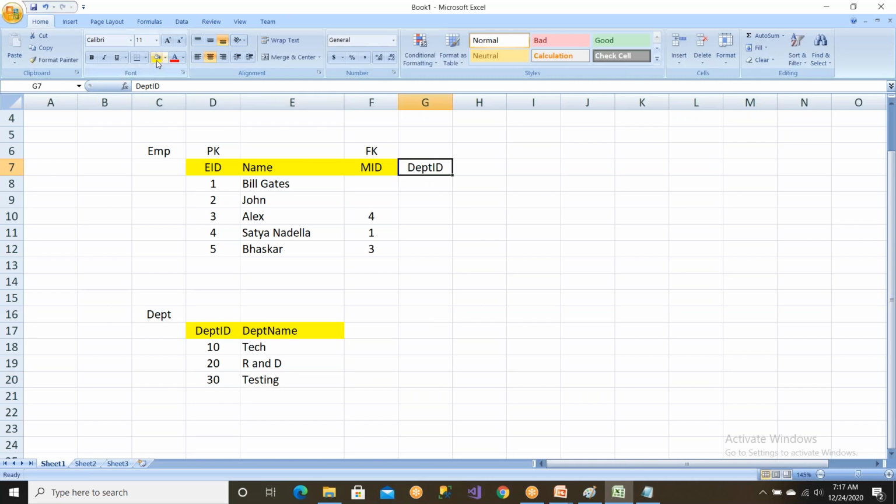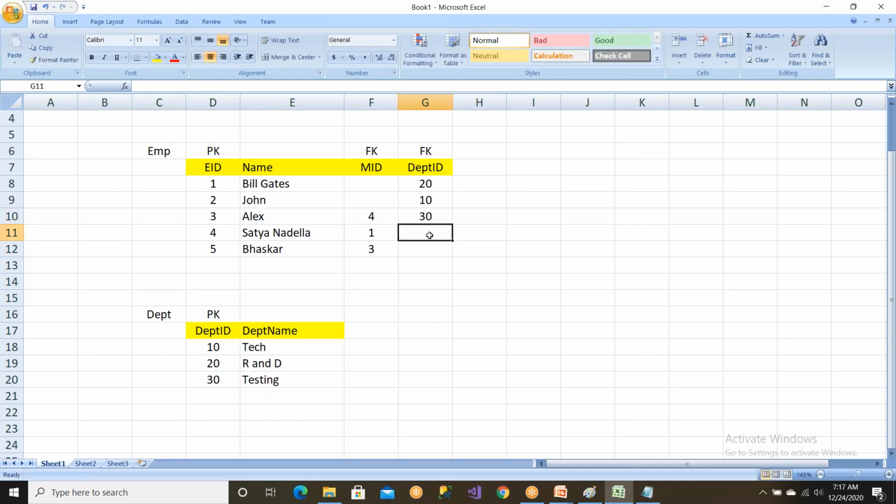So this is the primary key here, and this is one more foreign key here. Bill Gates is working for R&D department 20, and John is working for, let us say, technical department 10, and Alex is working again for testing department number 30.